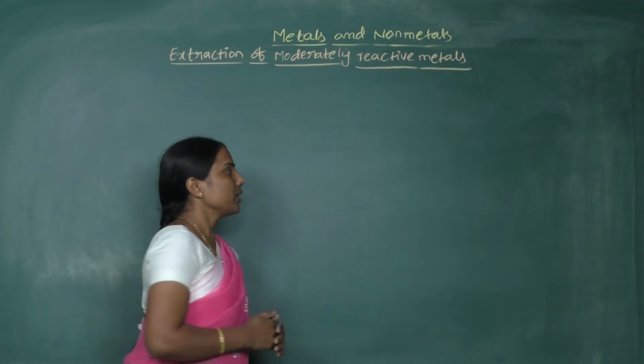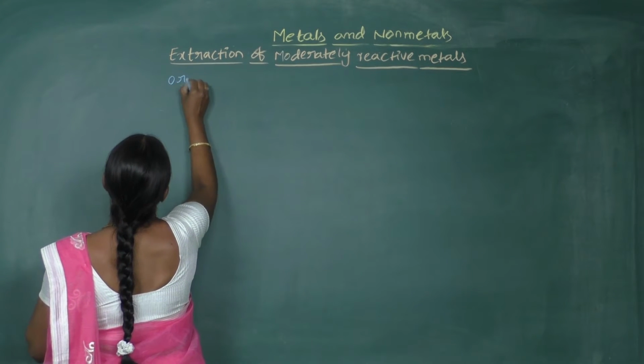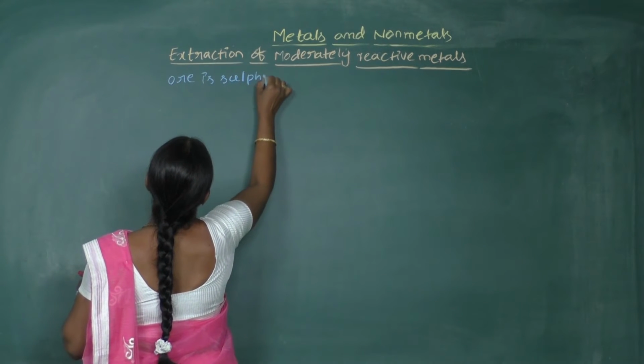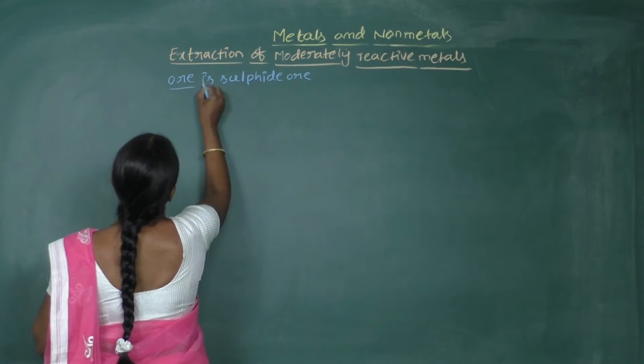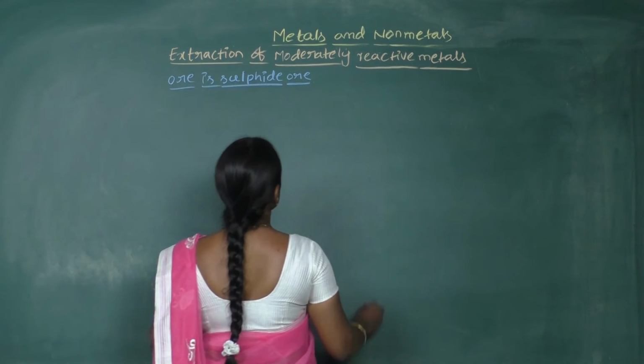For example, if the ore selected is sulfide ore, then we carry out the roasting process.